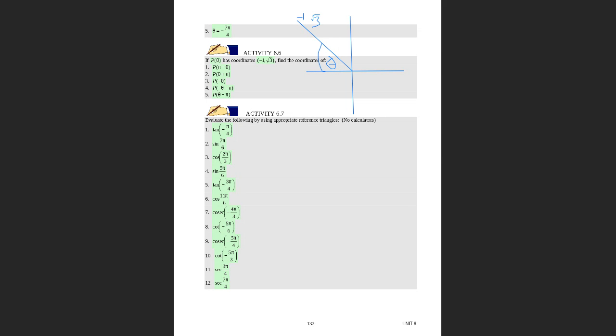So if theta becomes theta plus 180, which is going to be here, it will simply be 1 and -√3. So number 2 is 1 and -√3. Any questions there?